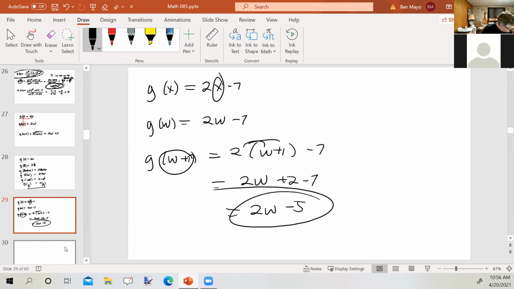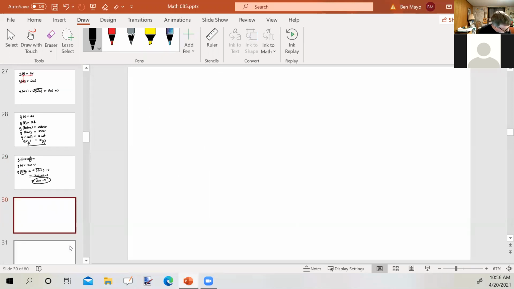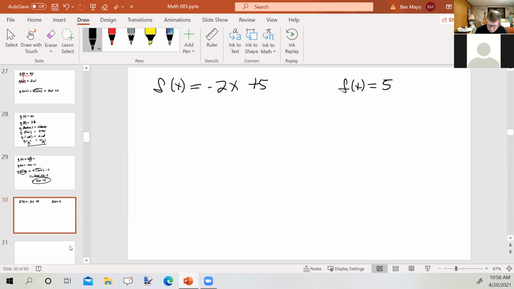Okay, let's see here. Now, let's say that f of x equals negative 2x plus 5, okay? For what value of x does function f have the given value, and that is f of x equals 5.